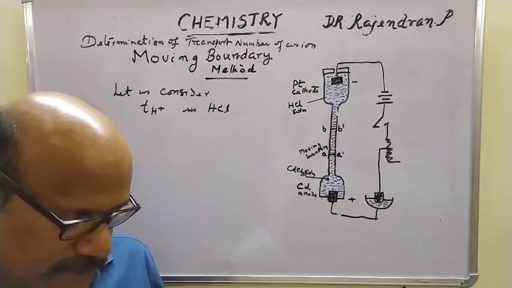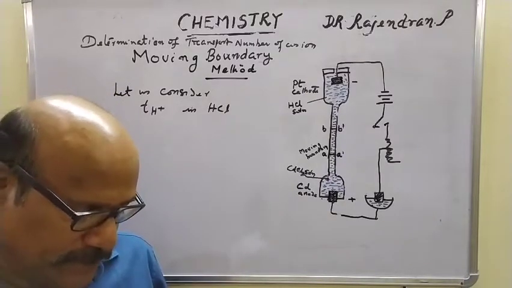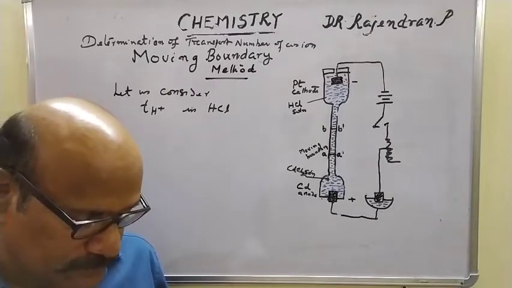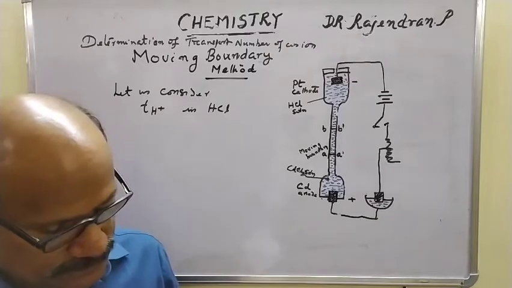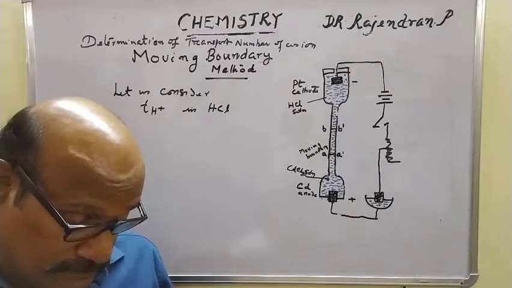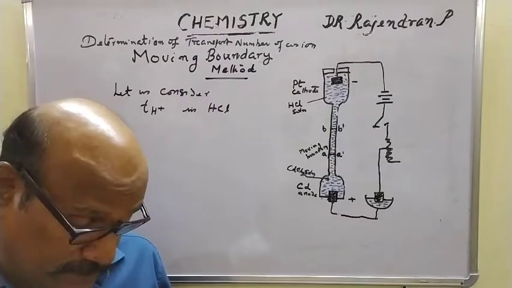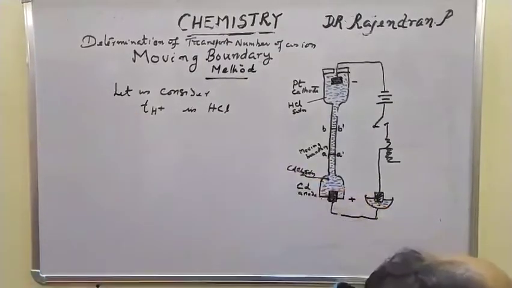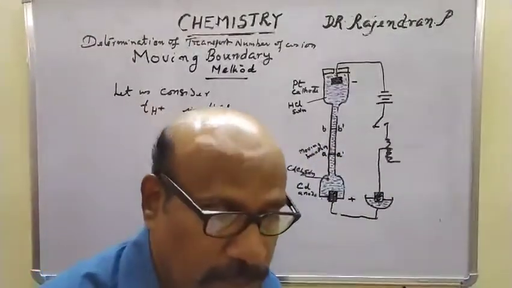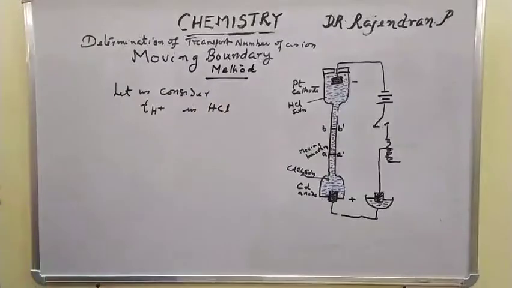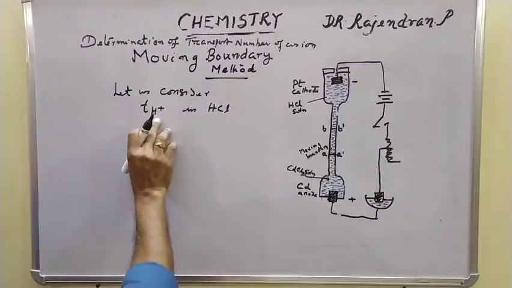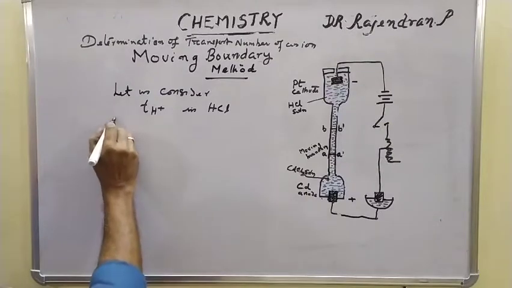HCl is considered the principal electrolyte, and cadmium chloride is called an indicator electrolyte.